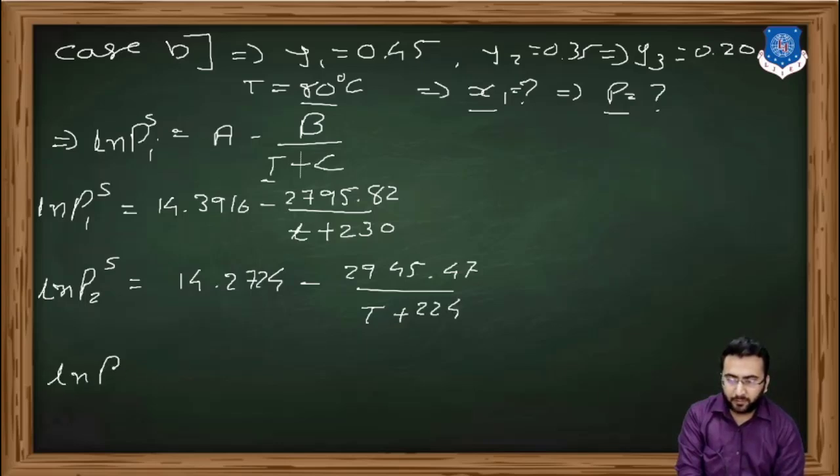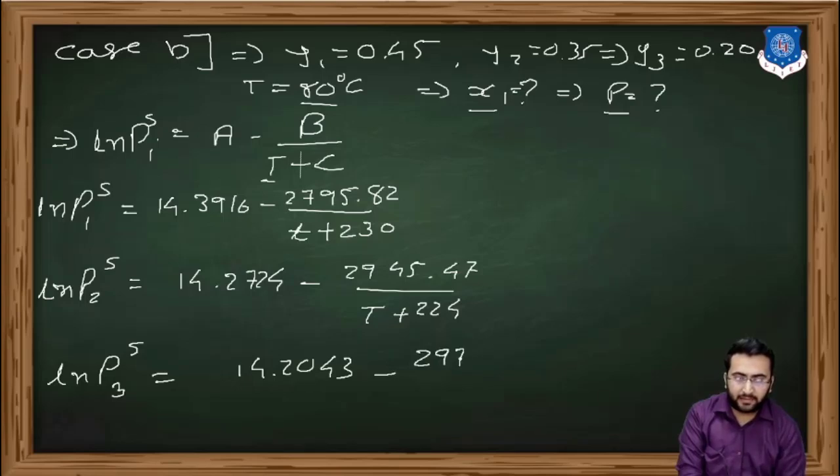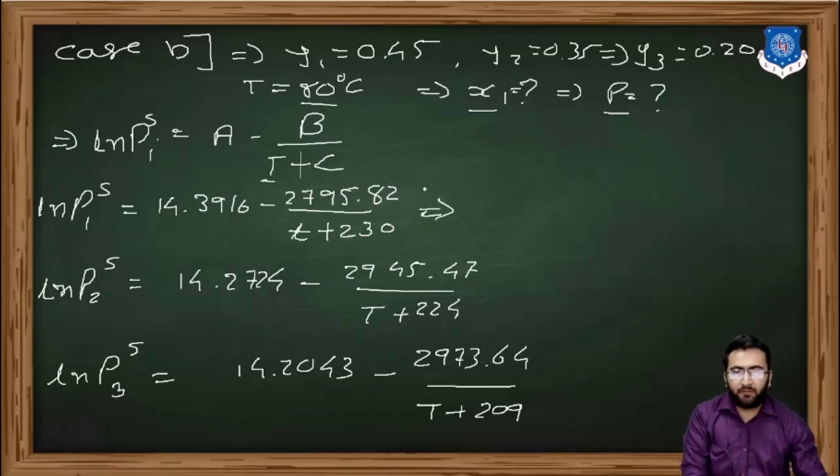Similarly, for component 3, this equation becomes 14.2043 minus 2973.64 divided by T plus 209. So by calculating these terms, we will get the values of P1, P2 and P3 for the temperature of 80 degrees Celsius.